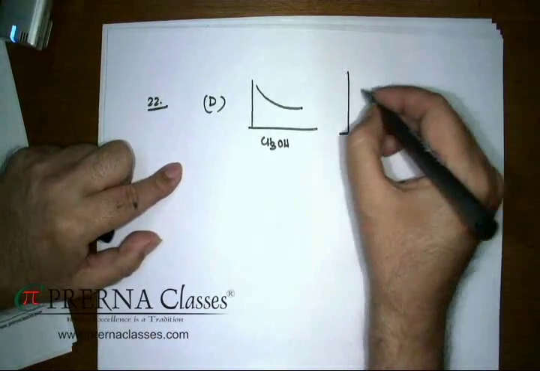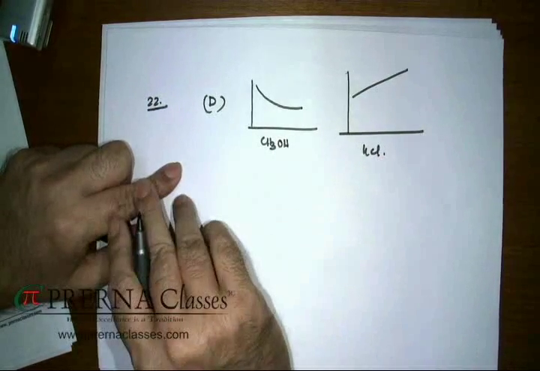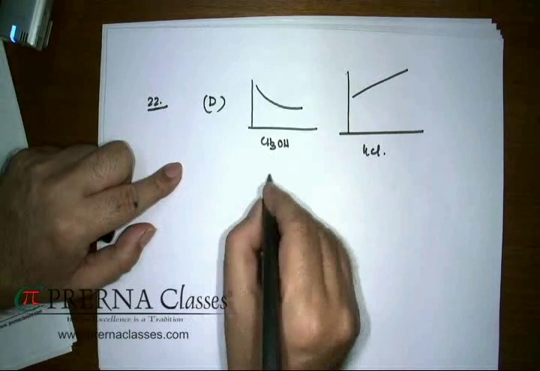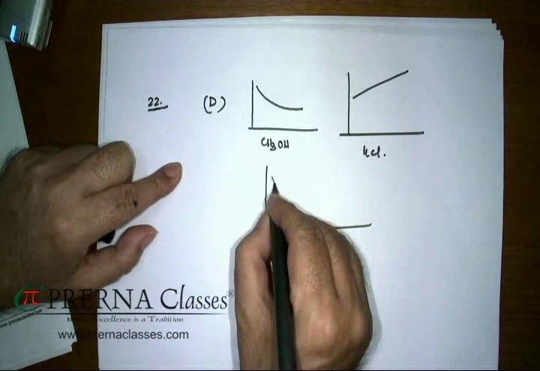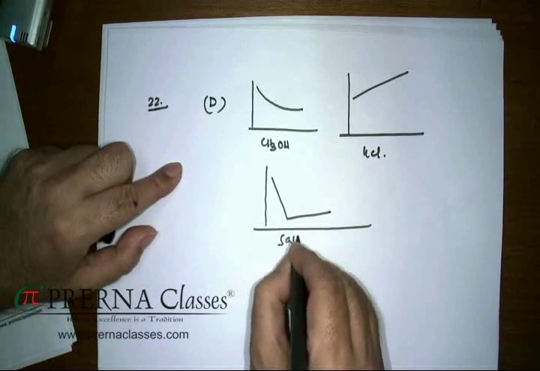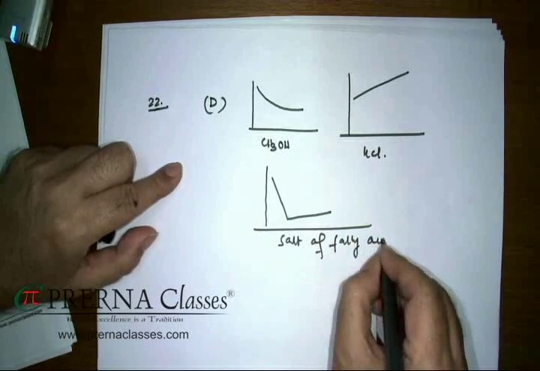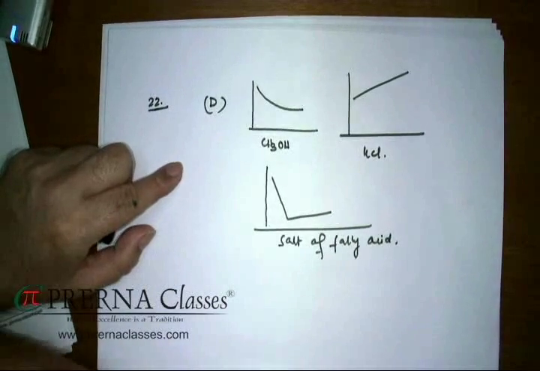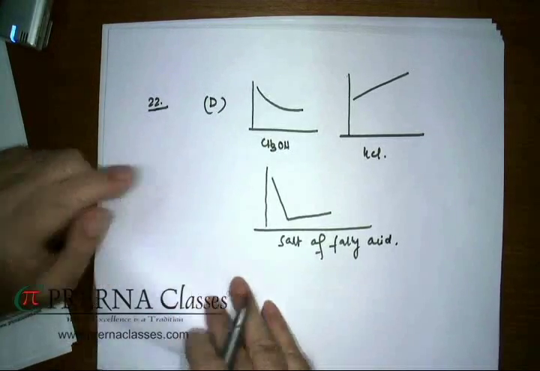The second graph is constantly increasing, that is that of KCl. And the third one that falls very sharply, that is talking about that salt of fatty acid. So the correct answer is D.